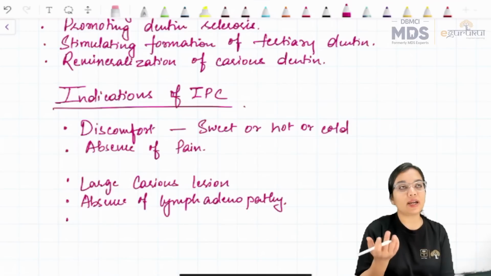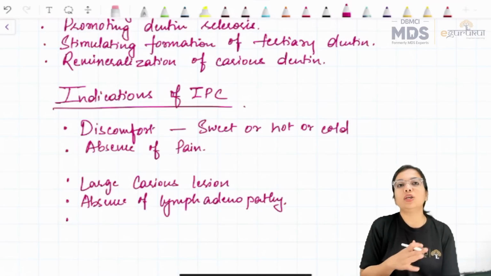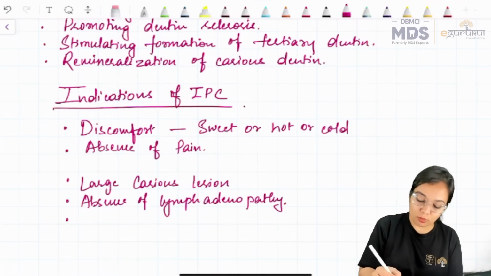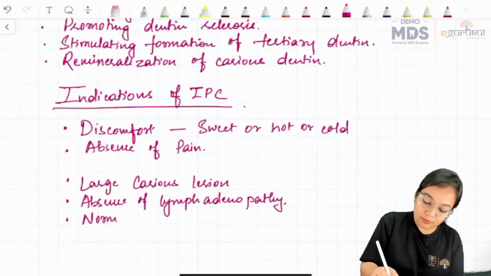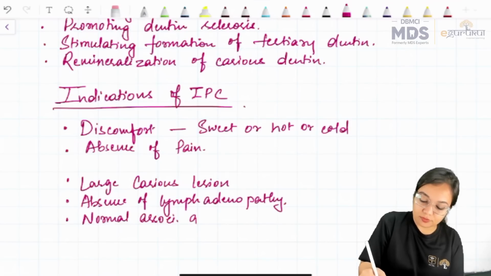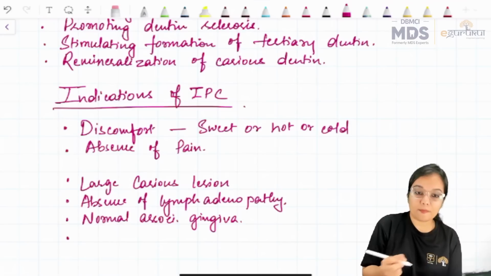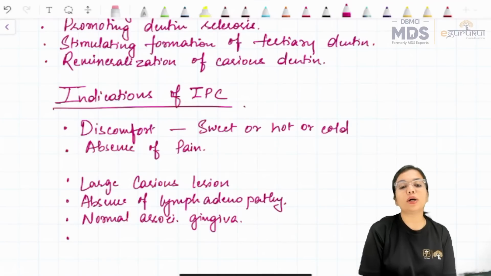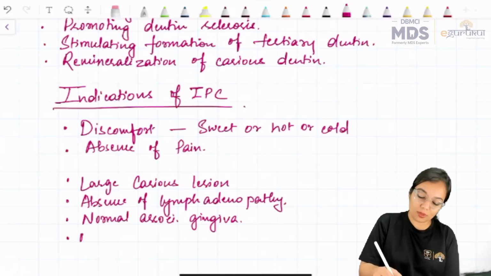The gingiva adjacent to that particular tooth is non-inflamed and non-erythematous, completely normal. Then there is normal color of the tooth. The tooth does not appear to be discolored.